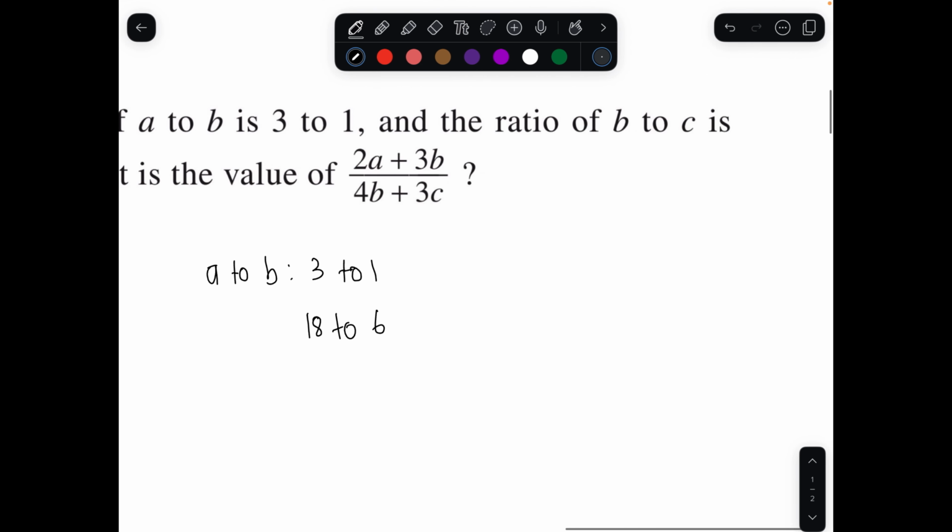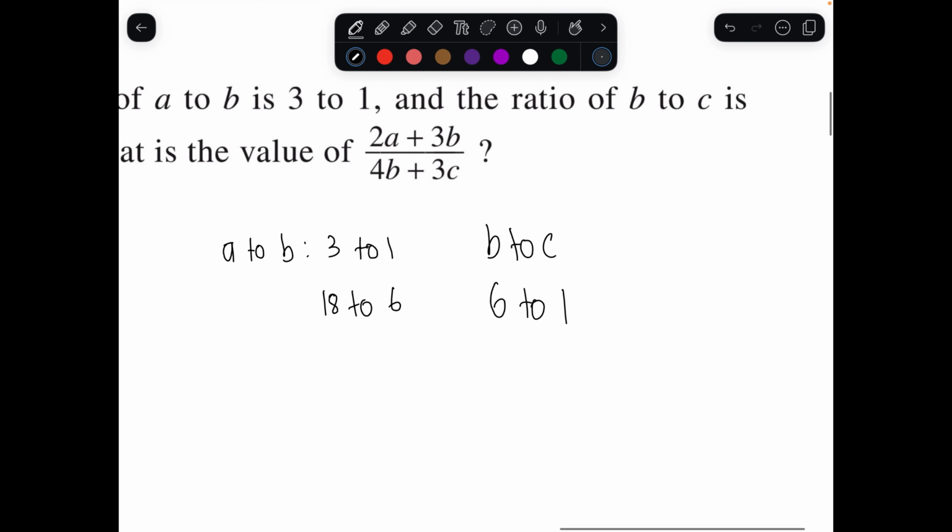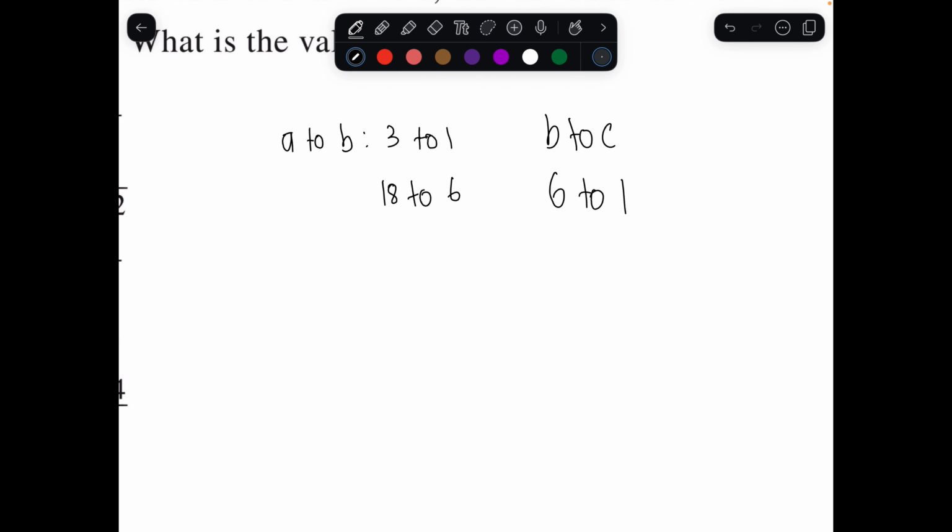Now, remember, B to C is 6 to 1, right? Now, since B is a 6 in both places, this basically connects A and C, and this establishes a bridge. So basically, you can just write it as 18 to 6 to 1 for A, B, and C, right?